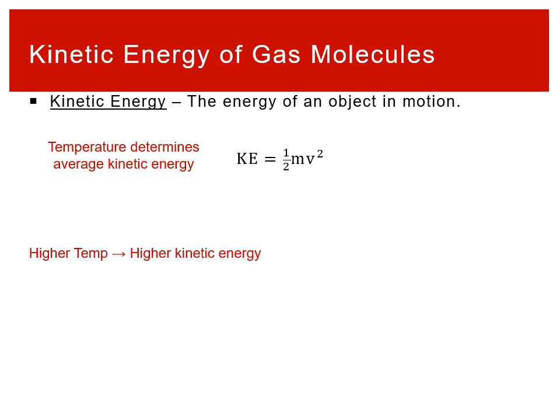And so if you have 2 gases that are at different temperatures, the one that is at a higher temperature has higher kinetic energy. But 2 gases at the same temperature have the same kinetic energy. So kinetic energy is all about temperature. Once you have the temperature set, that fully determines the kinetic energy of whatever the gas is.